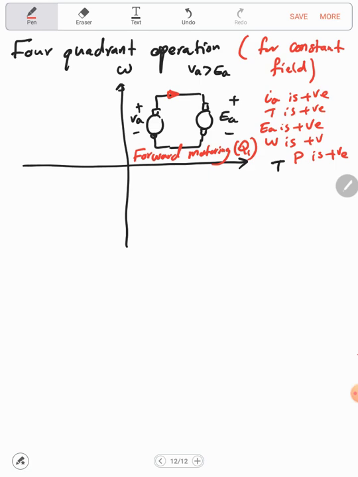Now here, because the speed is positive, then EA is positive.